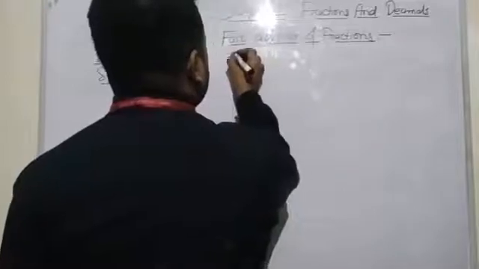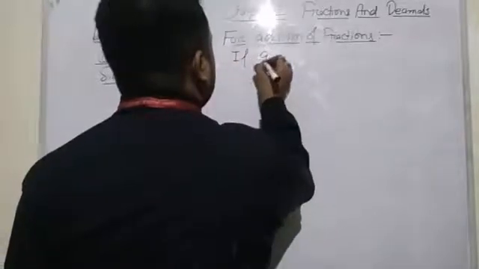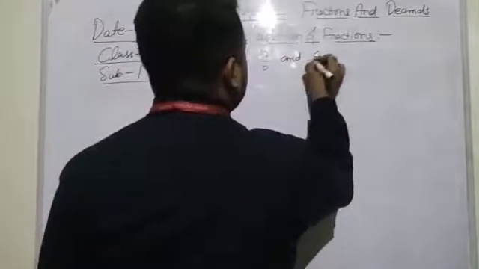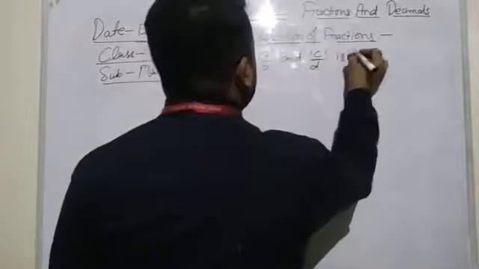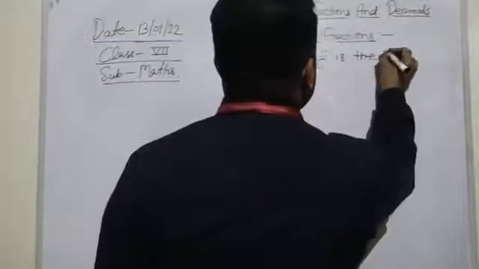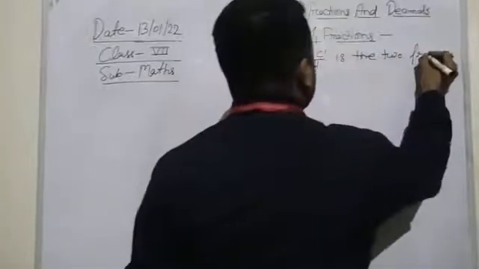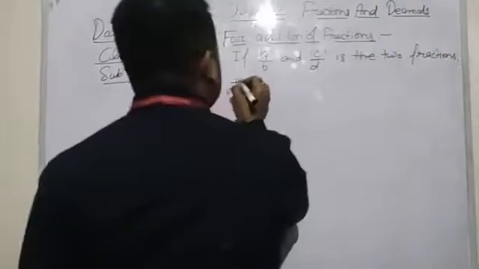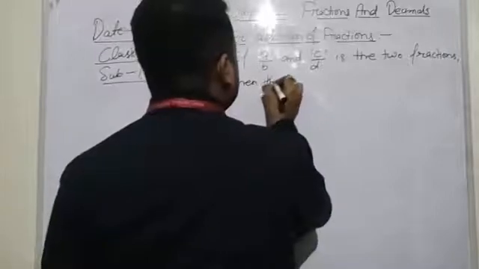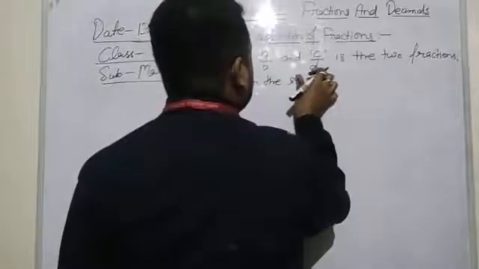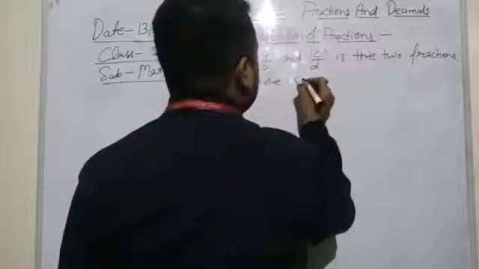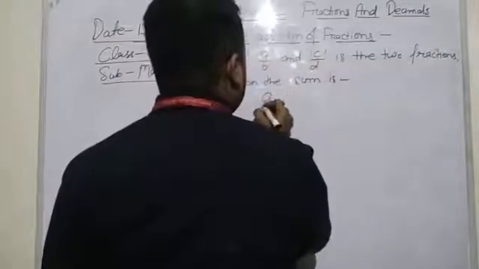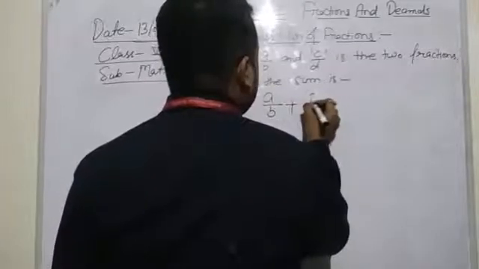So suppose A by B and C by D are the two fractions, then the sum is A by B plus C by D.